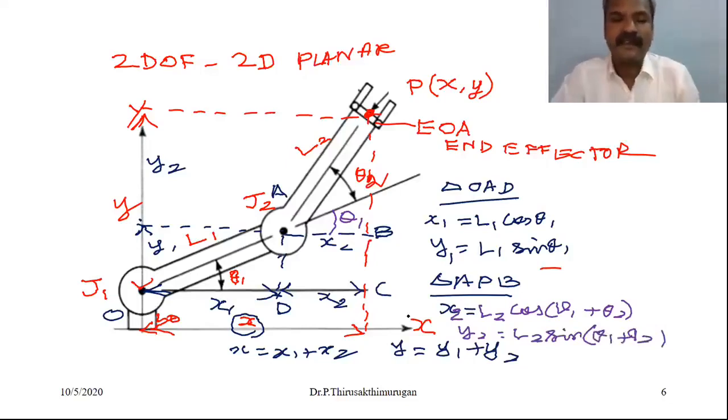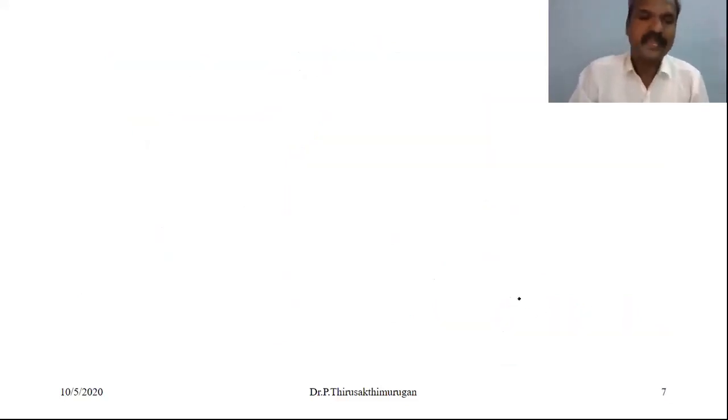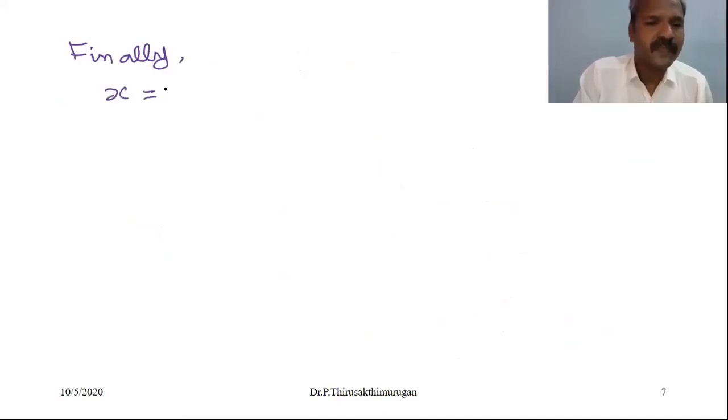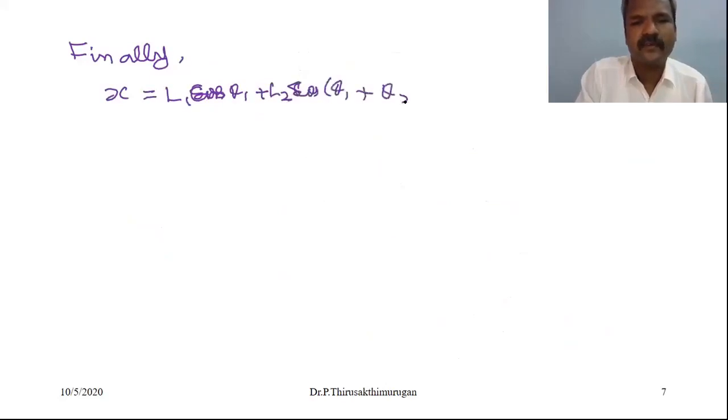Clear? Understand or not? From this relation, we can write the x value and y value. Those are called the forward kinematic equations. So finally, x equals L1 cos theta 1 plus L2 cos of theta 1 plus theta 2, because L1 cos theta 1 is x1 and this is x2.